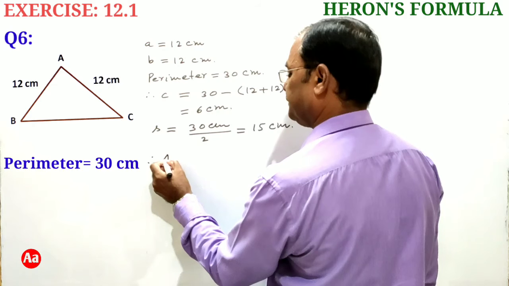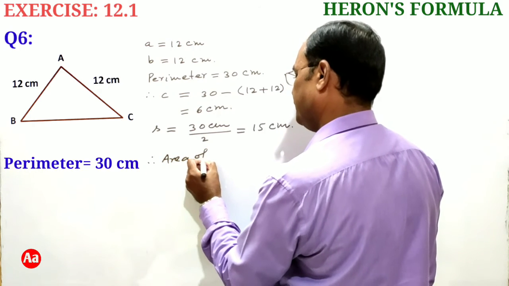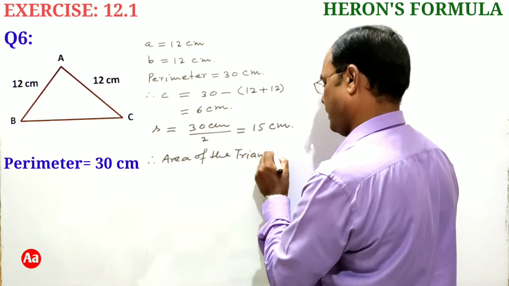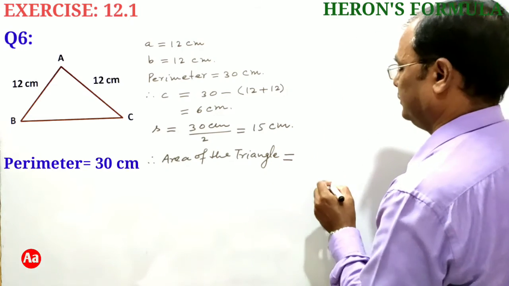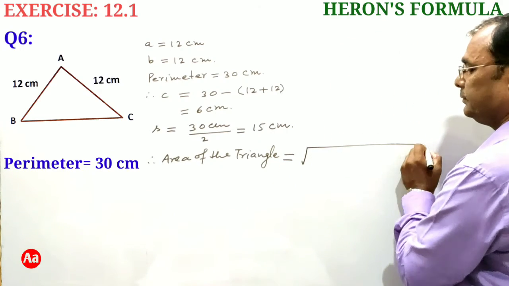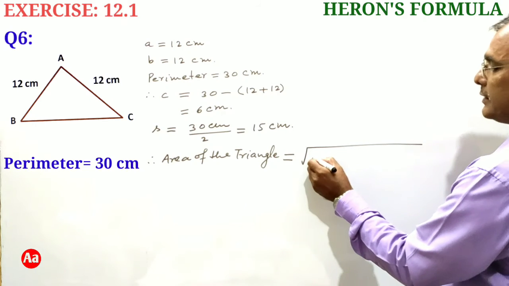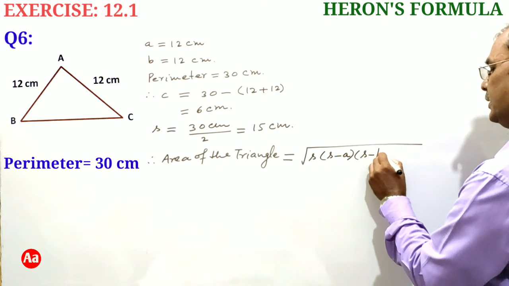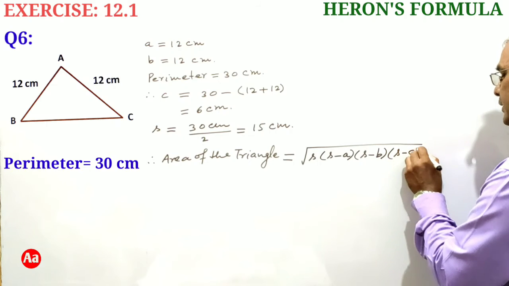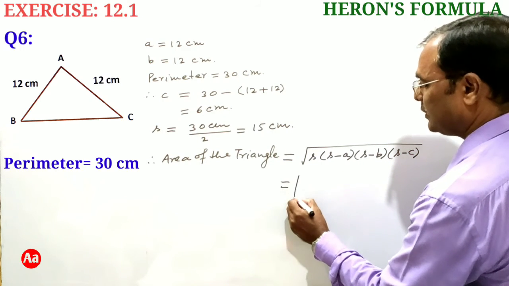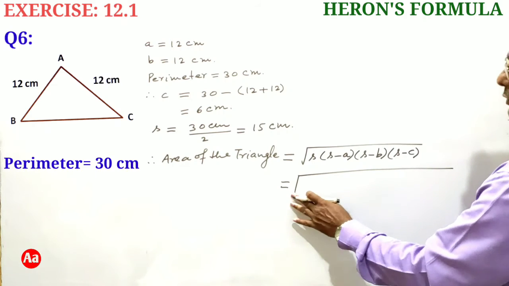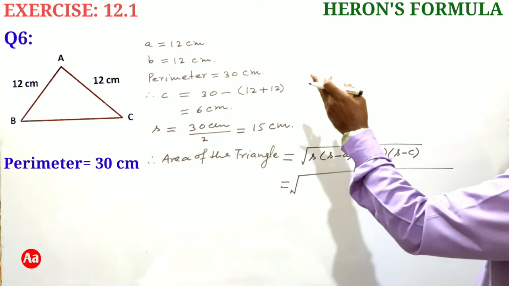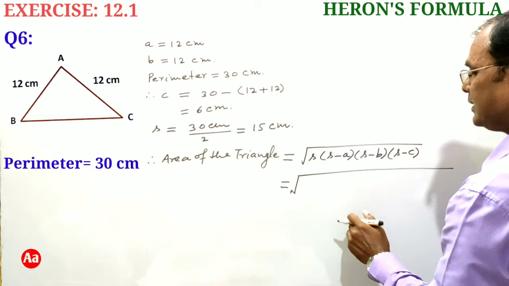So therefore area of the triangle equal to Heron's formula, under root S into S minus A into S minus B into S minus C, which is equal to, let's put values of semi-perimeter S and three sides ABC 12 centimeter, 12 centimeter and 6 centimeter.